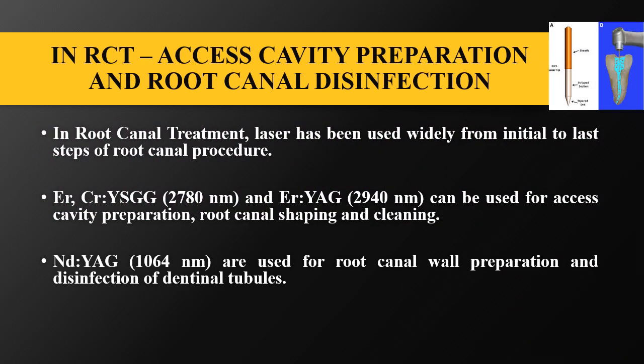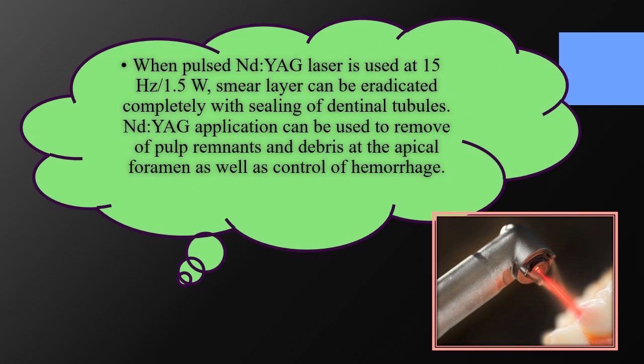In RCT, for refinement of access cavity preparation, hard tissue lasers are used. During biomechanical preparation, lasers are used for activation of the irrigant, that is sodium hypochlorite, which is called PIPS, photon-induced photoacoustic streaming, where the sodium hypochlorite is pooled inside the chamber and activated using the laser for better disinfection.